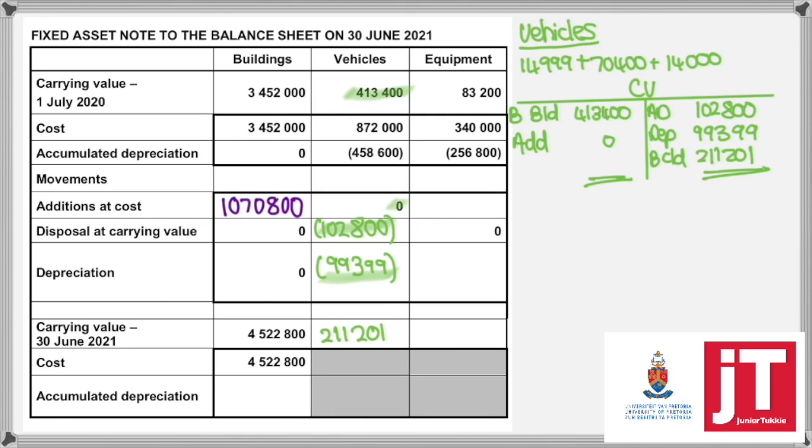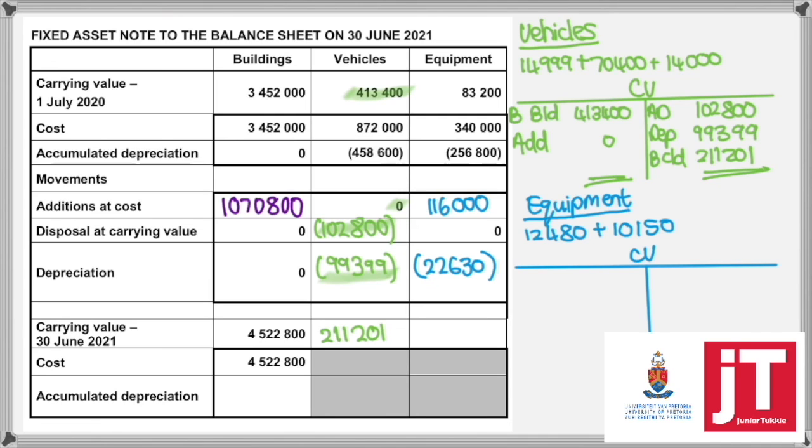So if you're not sure how to do it directly on your tangible asset note, you can always open a T account. If I look at equipment, we had additions at cost. It was given to you, 116,000. Disposal at carrying value was 0. Our total depreciation on equipment was calculated at 22,650.